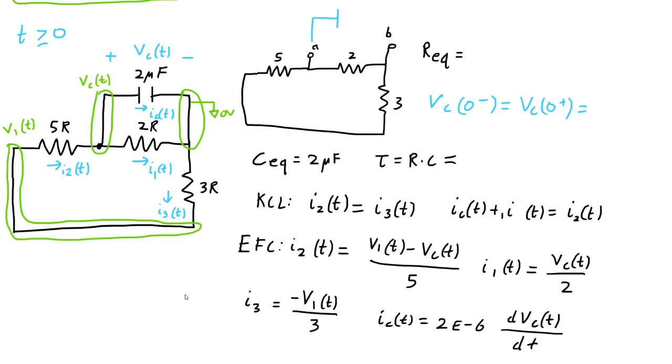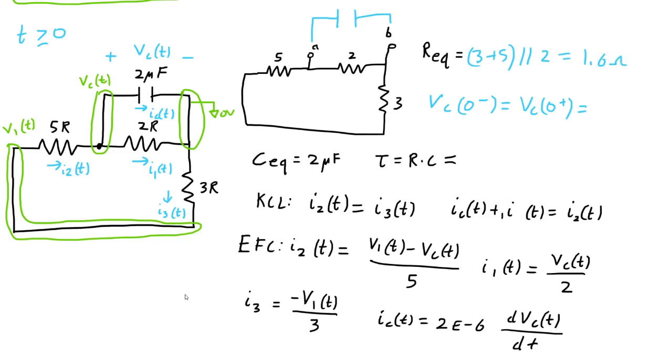So to do that, I basically took the capacitor out and drew a circuit that showed what the capacitor was seeing in terms of resistance. And we can use that to find the R equivalent. So the 3 and the 5 are in series, and they're also in parallel with the 2 ohm resistor. That's going to end up being 1.6 ohms.